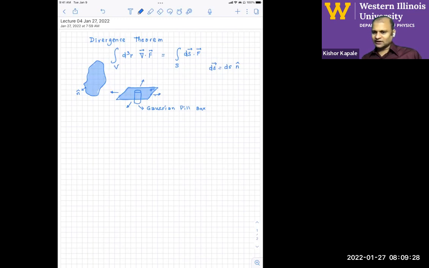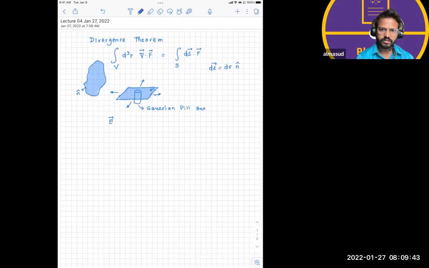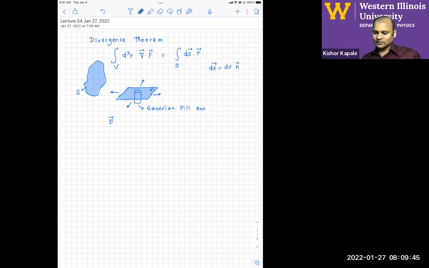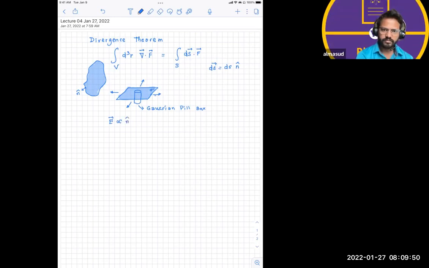So if the sheet is infinite in extent, what do you think will be the direction of the electric field? Perpendicular to the... It will be perpendicular to the sheet, along the normal vector, right?